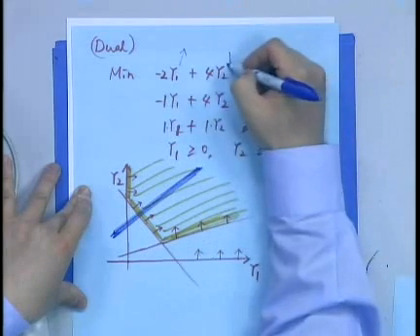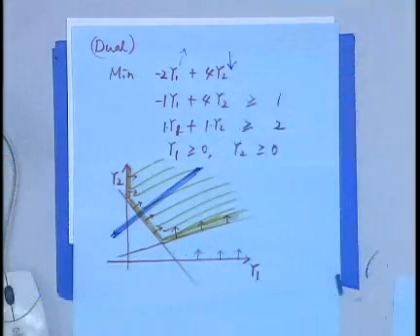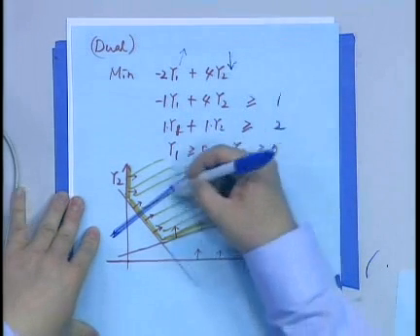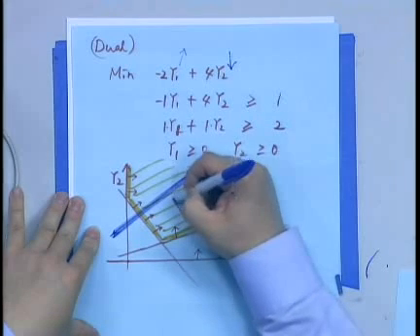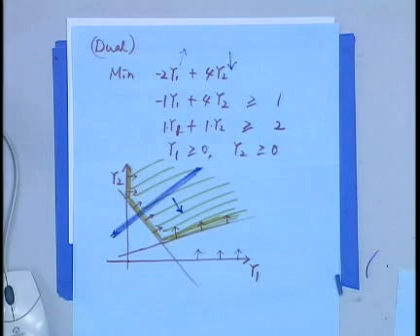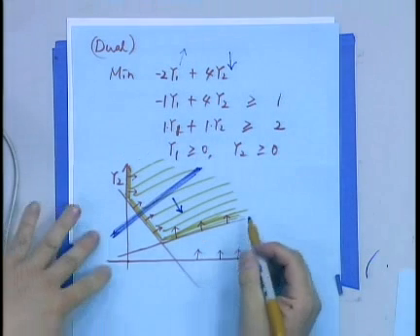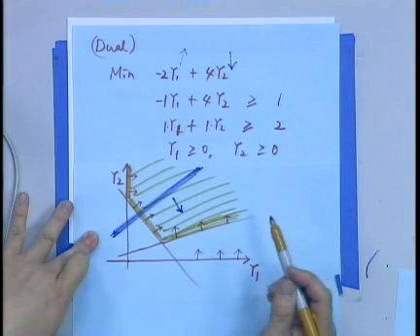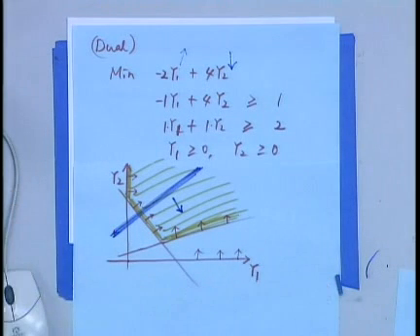But y2 decreases. Is that right? So we need to move the isovalue line in this direction. Is that right? So again, the objective function value will continue to improve.